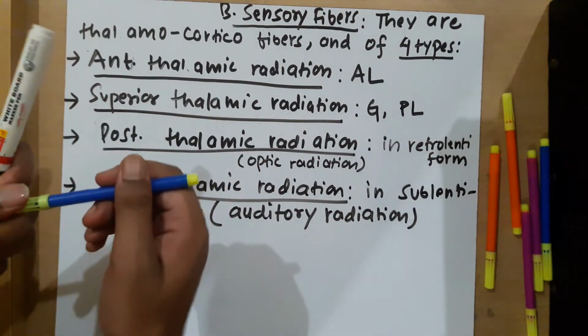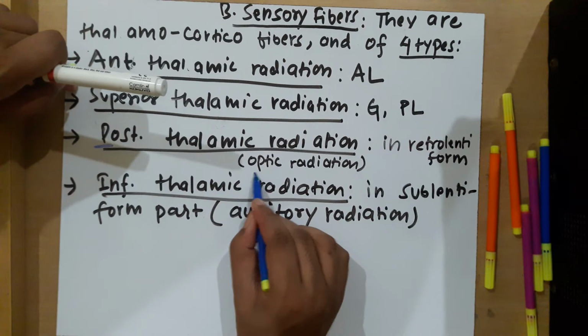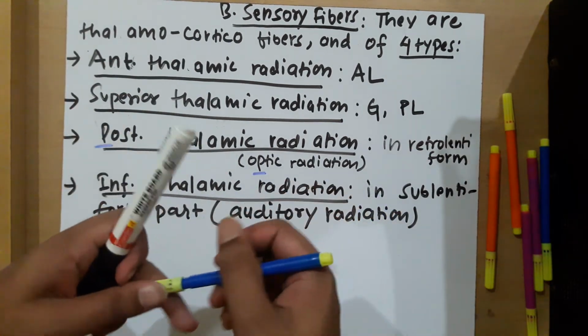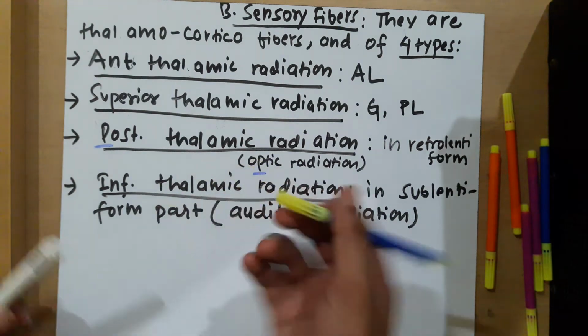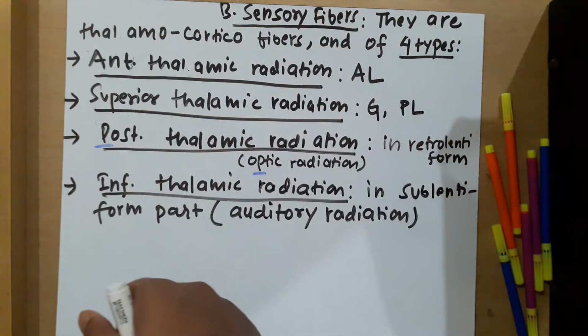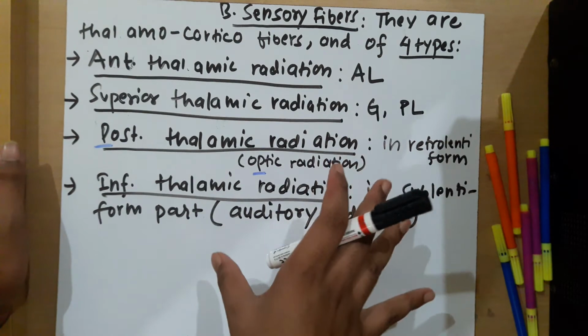P for posterior, yes or no? P posterior thalamic radiation, P optic radiation. Posterior thalamic radiation is also known as optic radiation, and inferior thalamic radiation is auditory radiation, present in the sublentiform part.